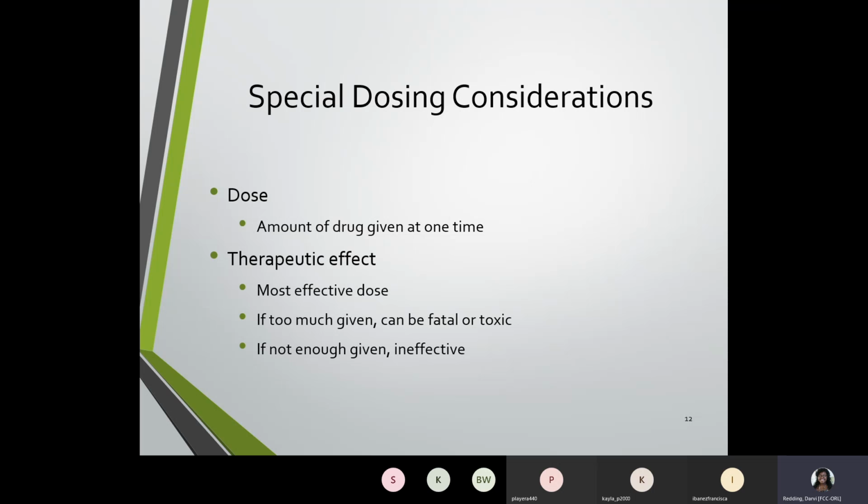Now, the therapeutic effect represents the most effective dose. So with the therapeutic effect, that has to do with the desired amount. So it's the intended effect of a drug. So if too much of a drug is given, that can be fatal or it can be toxic. And if not enough of the drug is given, then it can be ineffective.